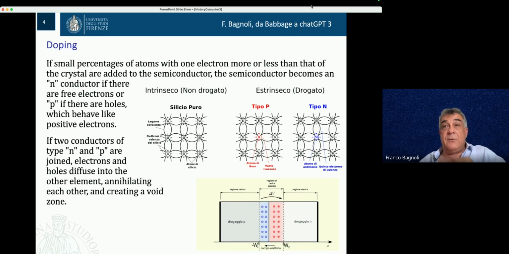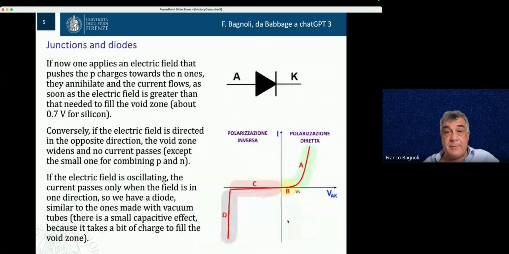So this continues until there is a sufficiently high potential difference that brings these charges back. And so in the final conclusion, you have a potential difference between the two joined semiconductors.